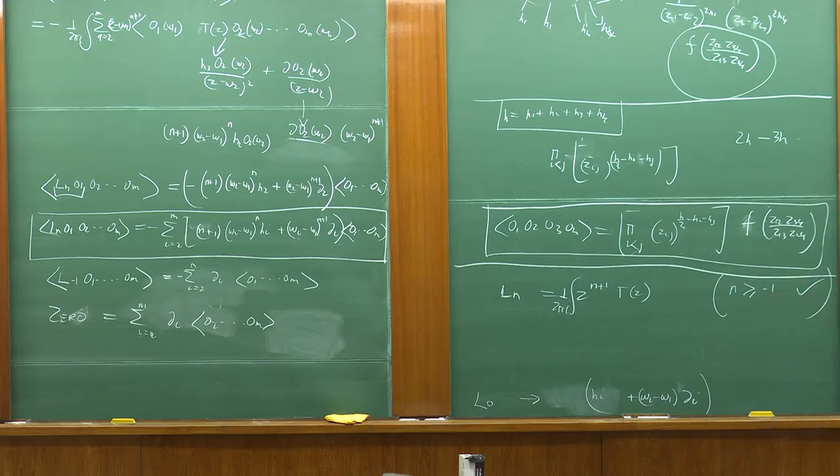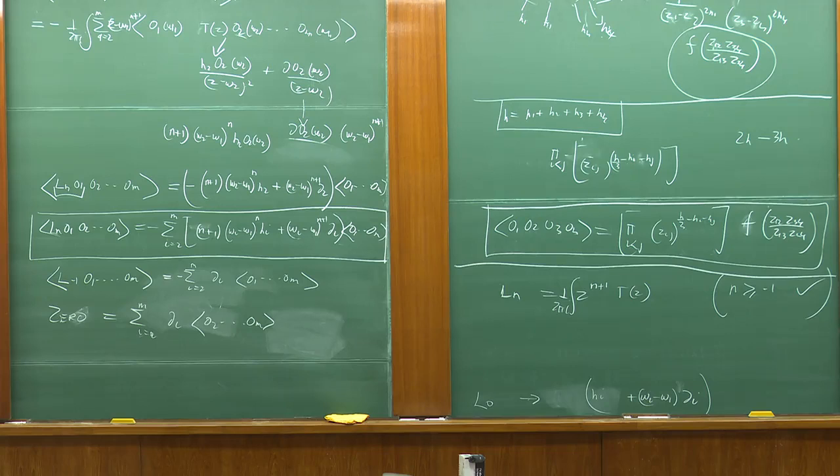Because the Ln's don't annihilate either the bra or the Ket vacuum, if you take L, act on the Ket vacuum, take it through all the operators and hit the bra, you're not getting a condition just on that correlation function. You're getting a condition that tells you that the correlation function is related to another correlator with a new insertion. The new insertion is whatever you get by acting on either the ket or the bra with these L's.